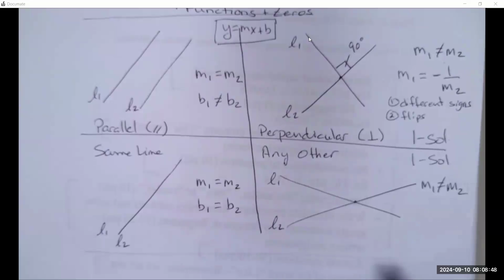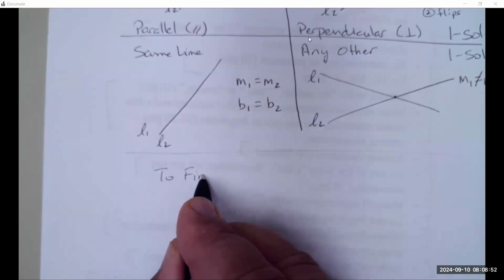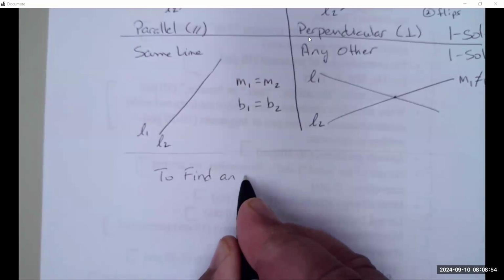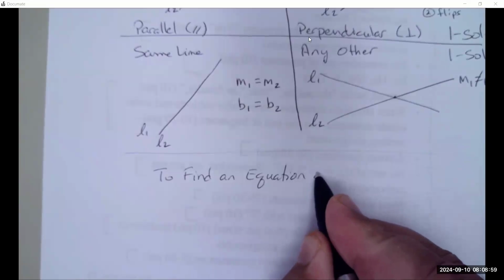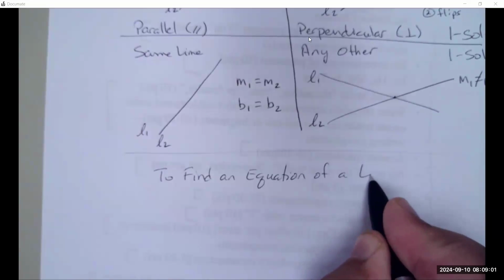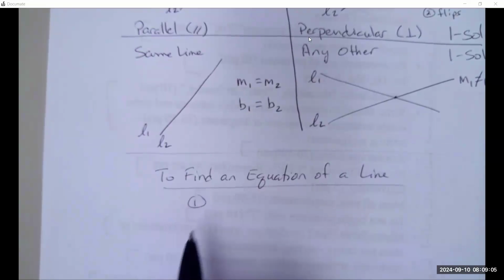And then what do you need to find an equation of a line? The y-intercept and 2 points? That would work, that would help.